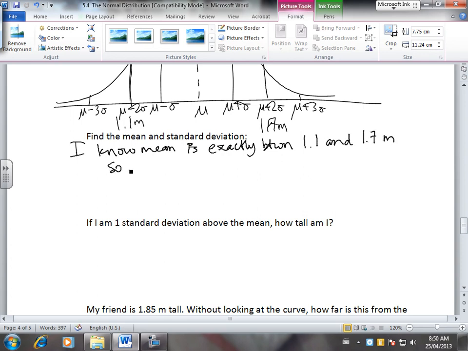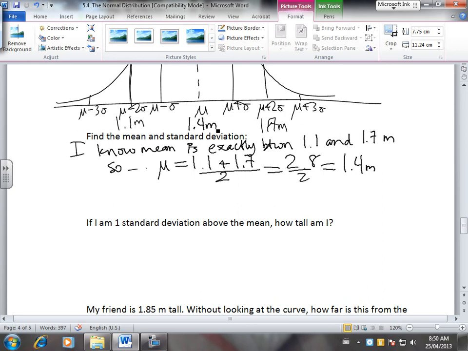So to find the mean, mu equals 1.1 plus 1.7 divided by 2. That's 2.8 divided by 2, and that's 1.4 meters. So I can go up here and put 1.4 meters. And now I need to find the standard deviation.